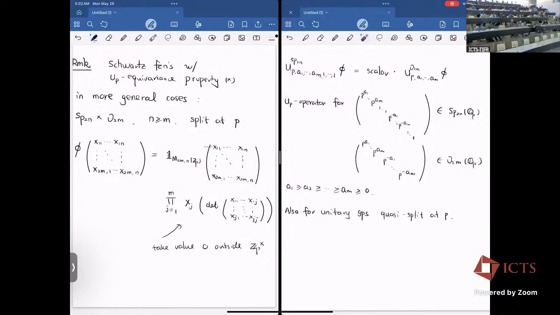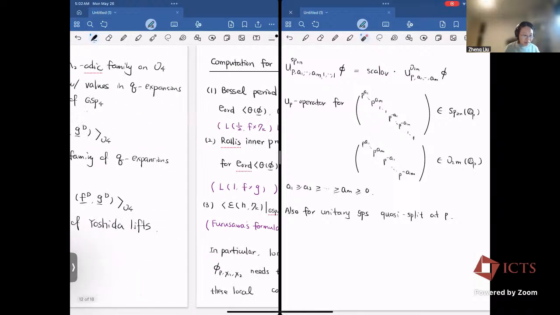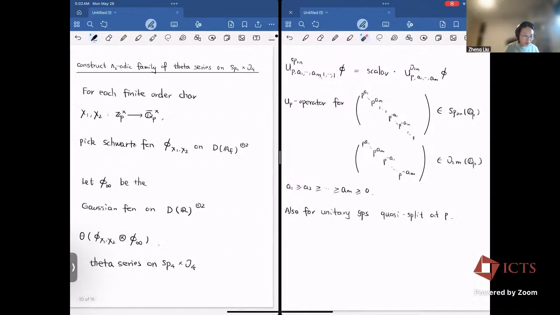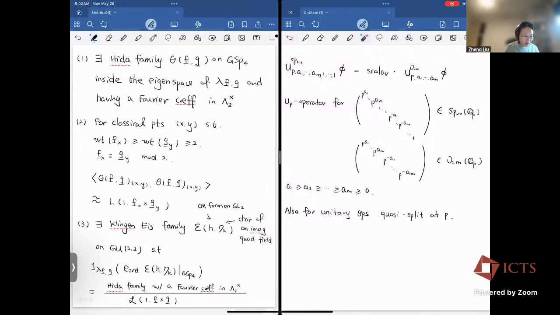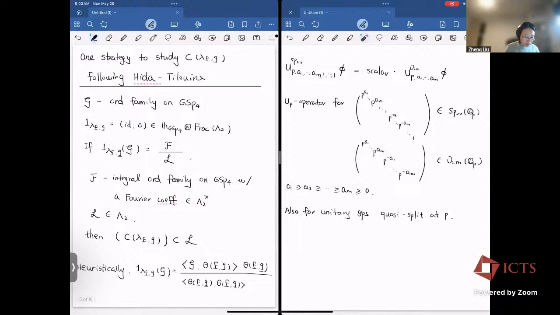Hello, this is Jacques. Hi. So how do you define the Petersson product for two Hida families on Sp4? Actually, I never defined the Petersson inner product on Sp4. What I did is just to do this Hecke projector.